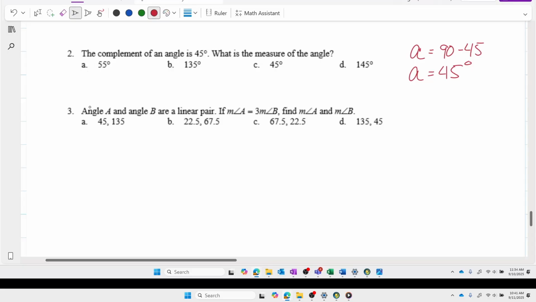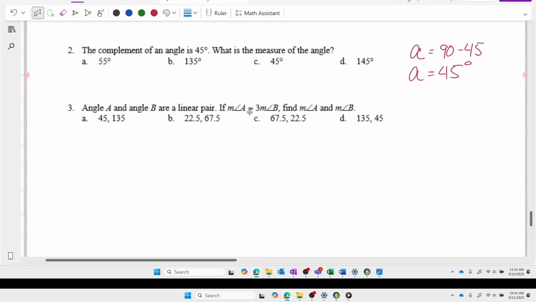In problem number 3, angle A and angle B are a linear pair. If the measure of angle A is 3 times the measure of angle B, find A and B. That's what that terminology means right in here.